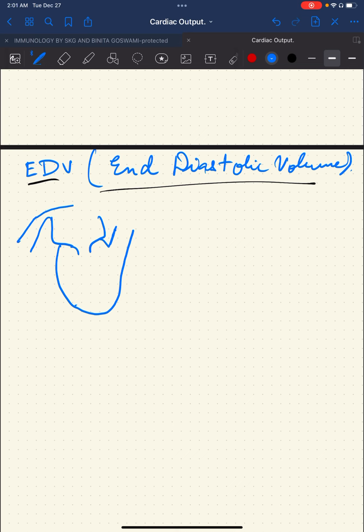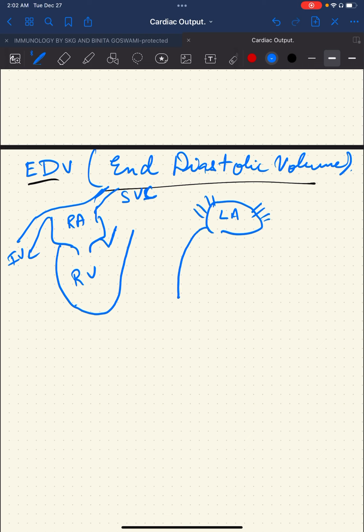This is IVC, this is SVC. Similarly, this is right ventricle, right atrium. Similarly here there is left atrium, pulmonary veins are opening here and it is opening into left ventricle, which is going here as aorta.